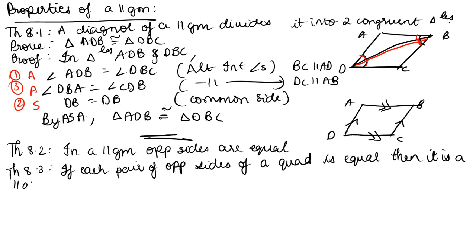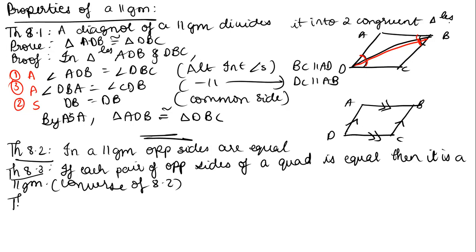Now here you can see that in theorem 8.2, in a parallelogram opposite sides are equal, but this theorem 8.3 is a converse of theorem 8.2. What does that mean? Meaning it's the opposite of theorem 8.2. That is, if in any given quadrilateral each pair of opposite sides are equal, then we can say that quadrilateral can be called a parallelogram. Clear? So that's a converse of theorem 8.2.